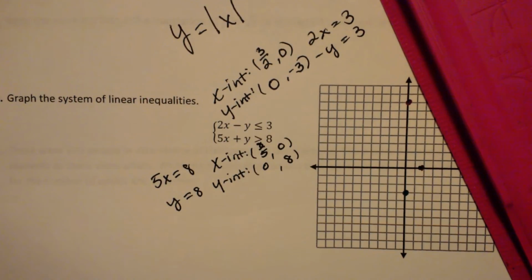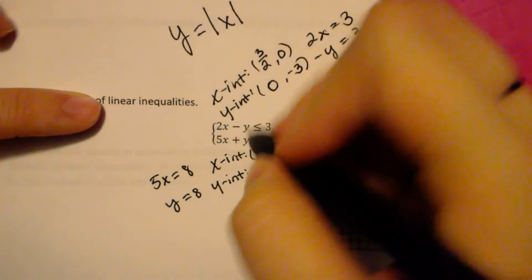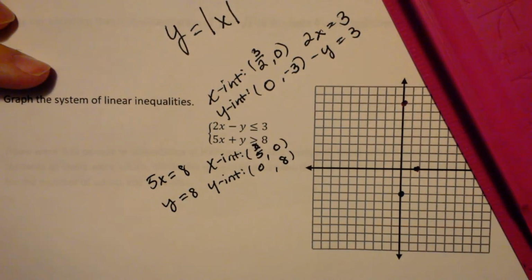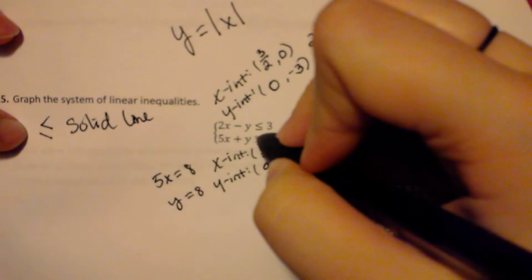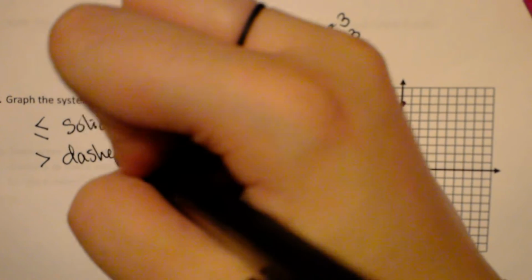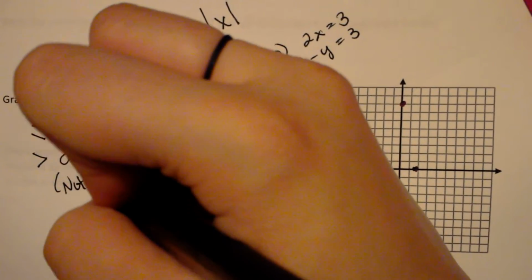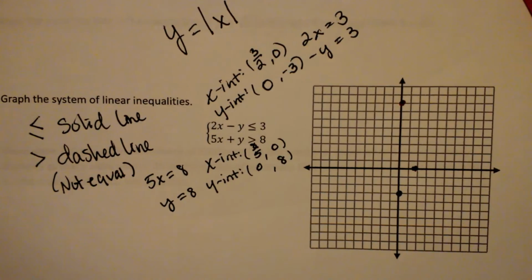So for these, it's inequalities, so I need to be really, really careful about my shading and all that. So if I have this, I'm going to have a solid line. And this one, I'm going to have a dashed line, because it's not equal.